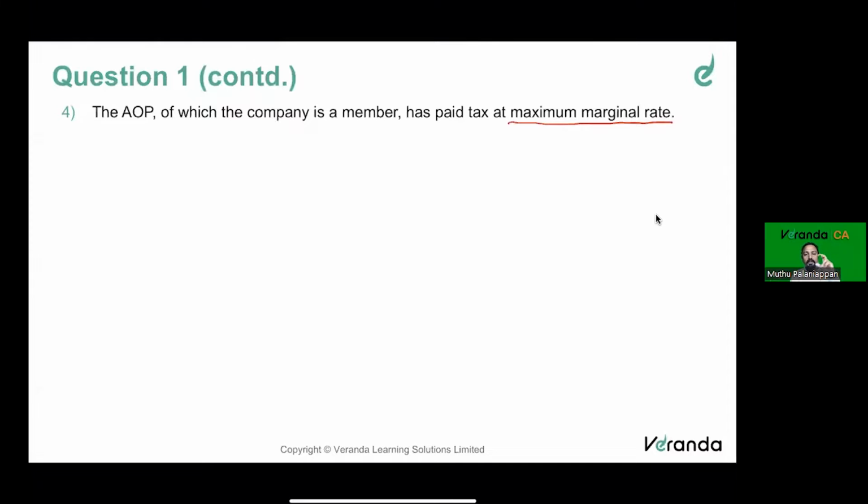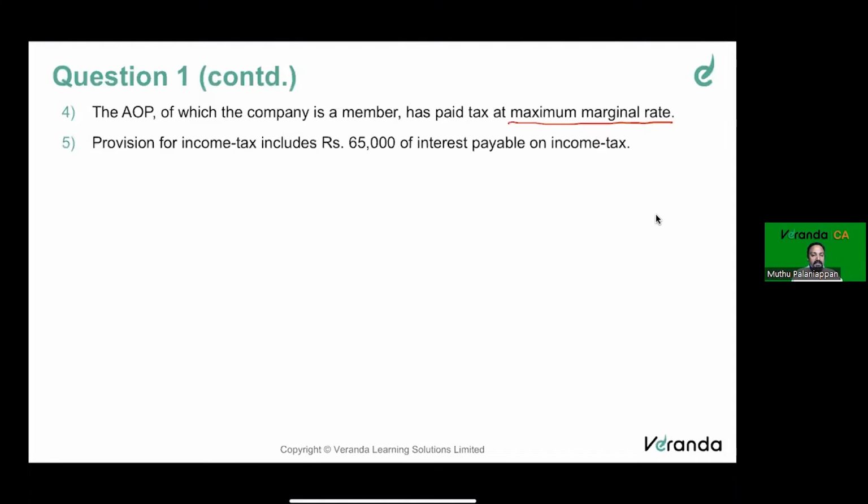All this put together, if you are calculating tax for such an assessee, what would be the rate? That is called the maximum marginal rate. So if we have 30%, you have maximum surcharge of 37%, and you have a cess commonly of 4%. All this put together will be called the maximum marginal rate under the income tax provision. So it says this AOP is actually chargeable under the maximum marginal rate. Okay, so that's another information.